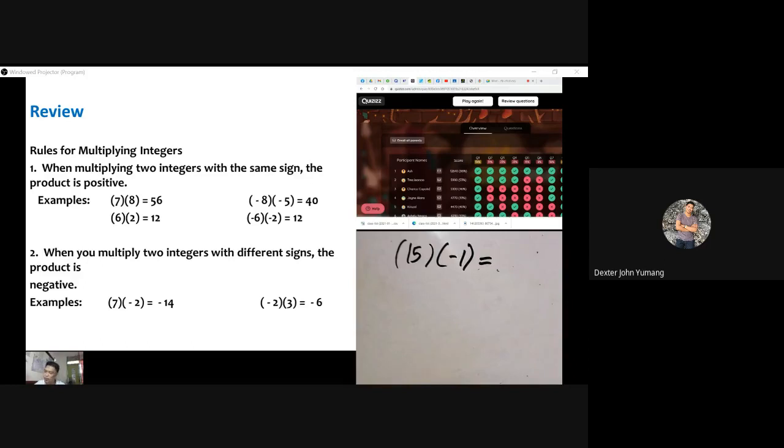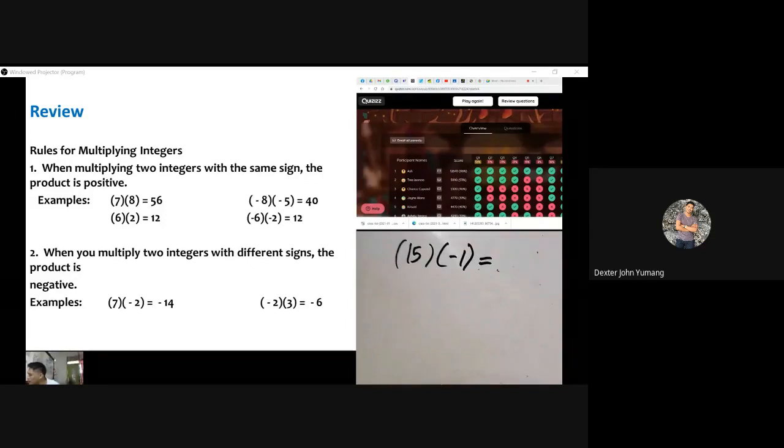Okay, that's very easy. Multiply lang siya sa 1. 15 times 1. Anyone? Please type in the chat box. No, you're going to multiply it, Ashley and Therese. Tama ka, Therese. Therese and Lourdes. So we have negative 15. Same with Emilio, Pizel.